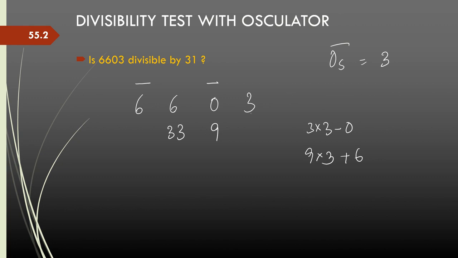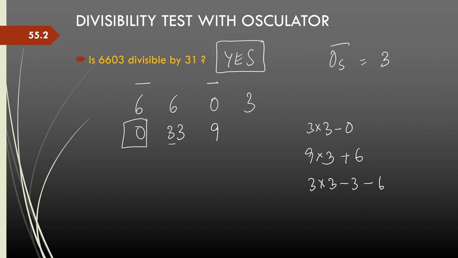Now, when I have 2 digits, unlike adding the first digit to the product with the osculator, I have to subtract it. So, here it is 3 times 3 minus the first digit 3, and minus 6, because this is a negative, I put a bar. So, this is 0. Now, 0 is divisible by 31, and hence this number 6603 is divisible by 31.